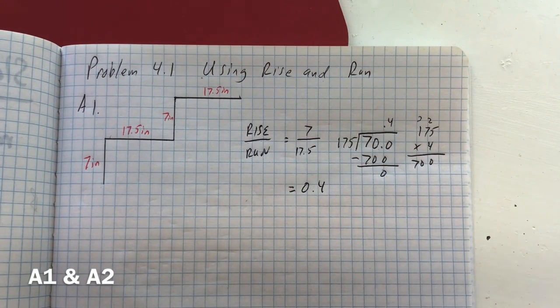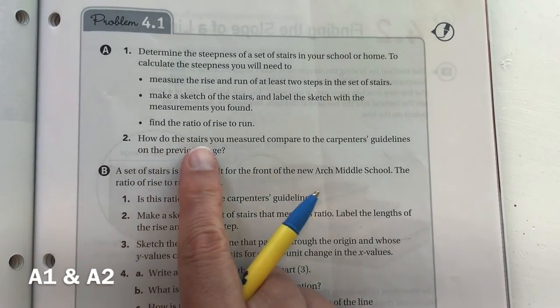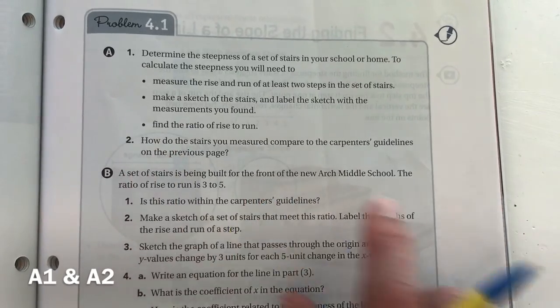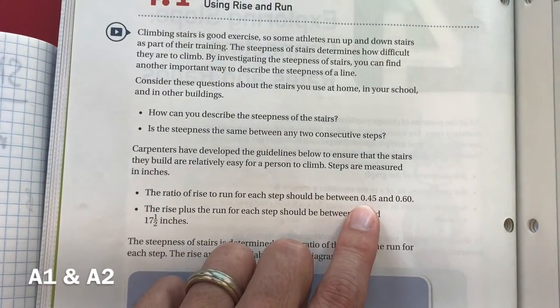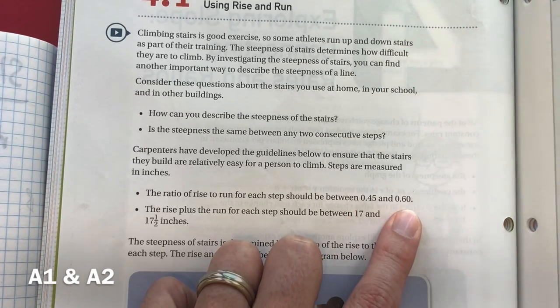Now, remember the carpenter scales for question number 2. How did the stairs you measured compare to carpenter's guidelines on the previous page? Well, they said the guidelines needed to be between 0.45 and 0.60.